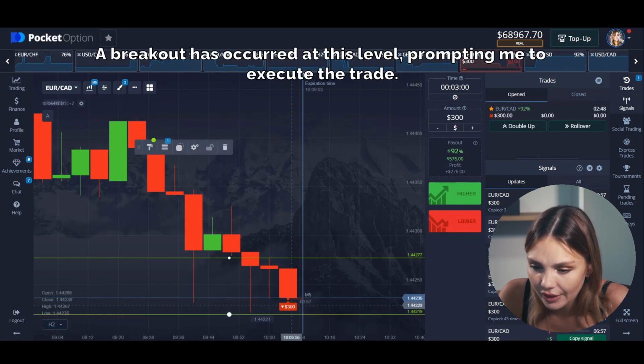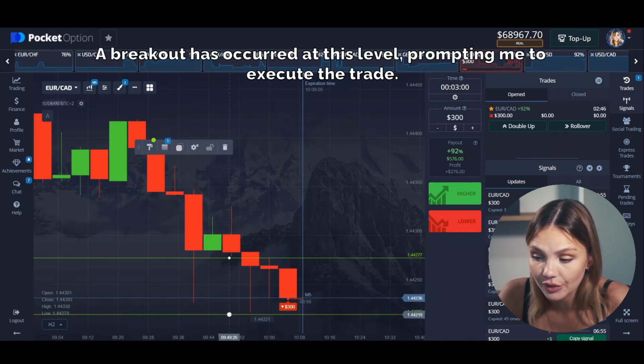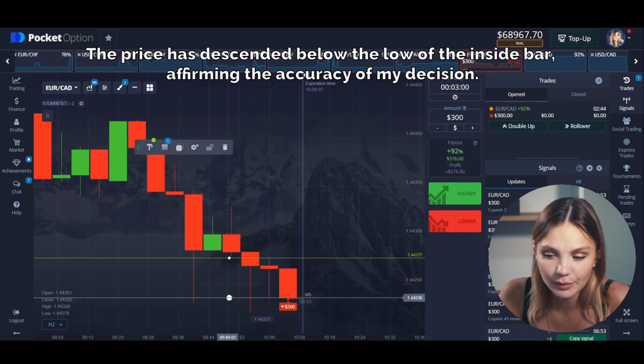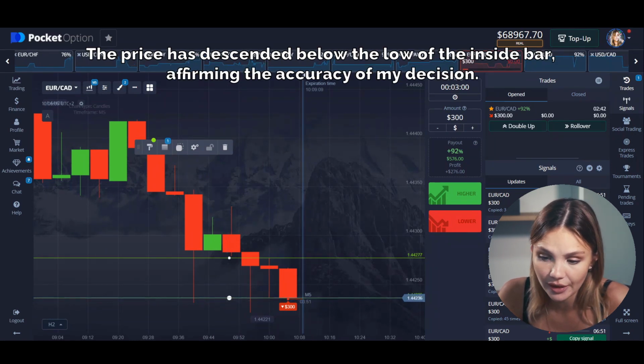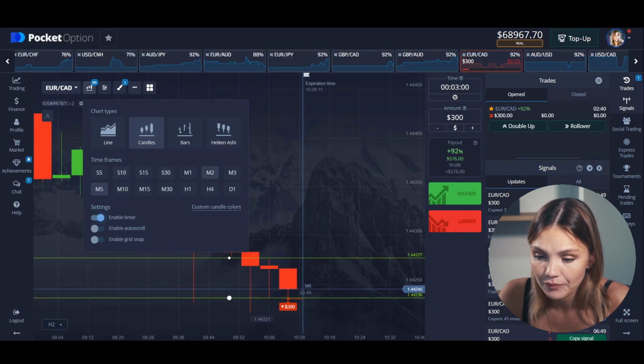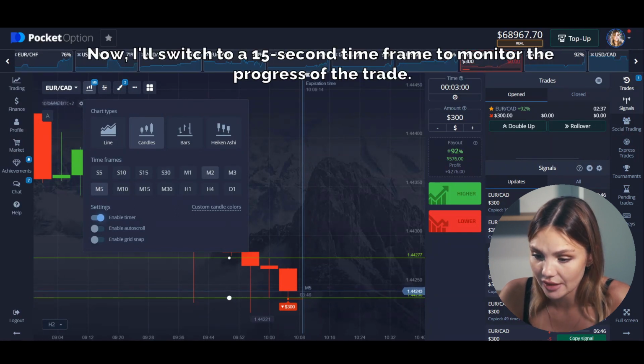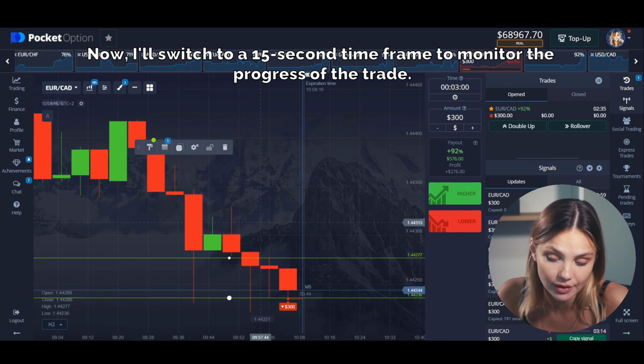A breakout has occurred at this level, prompting me to execute the trade. The price has descended below the low of the inside bar, affirming the accuracy of my decision. Now, I'll switch to a 15-second time frame to monitor the progress of the trade.